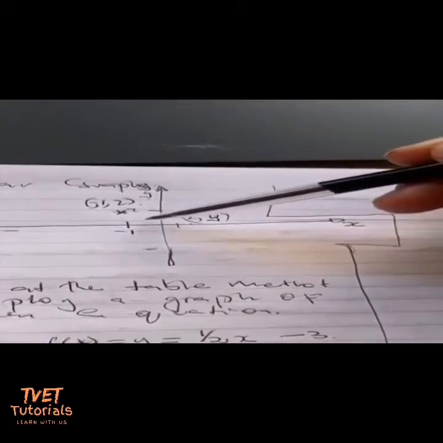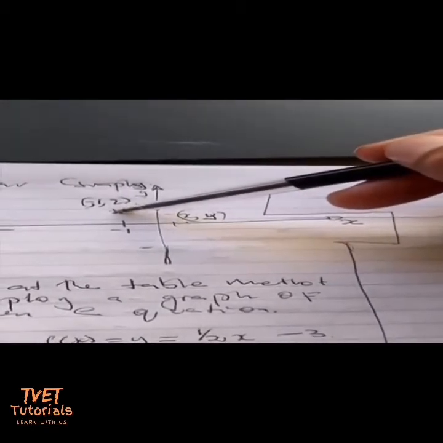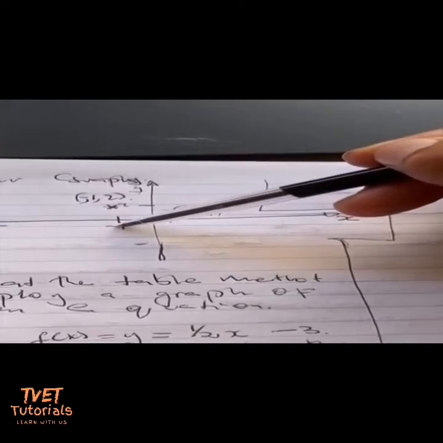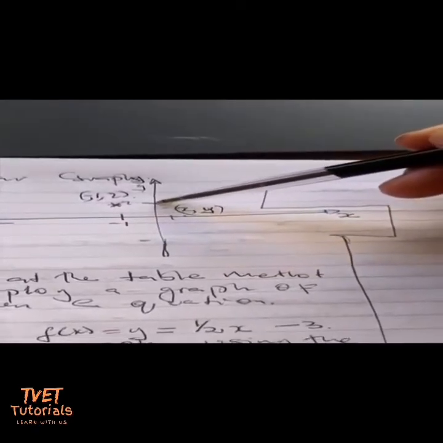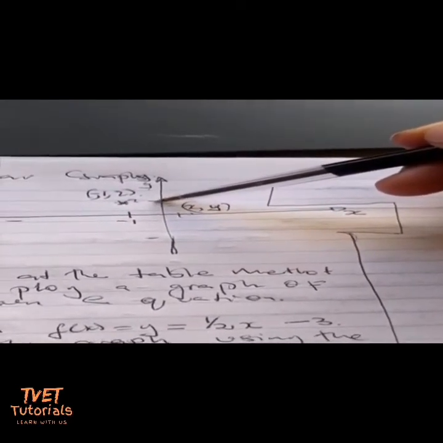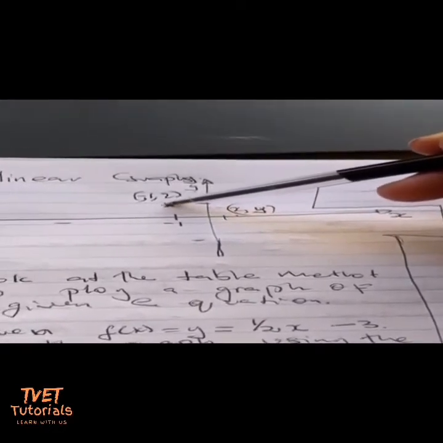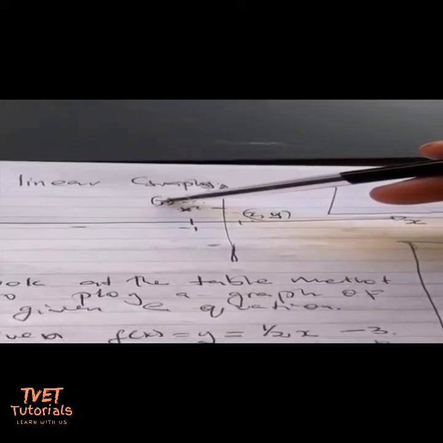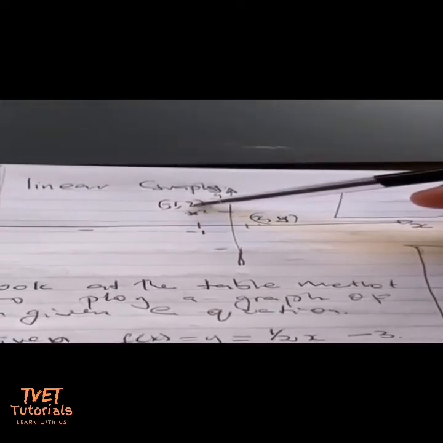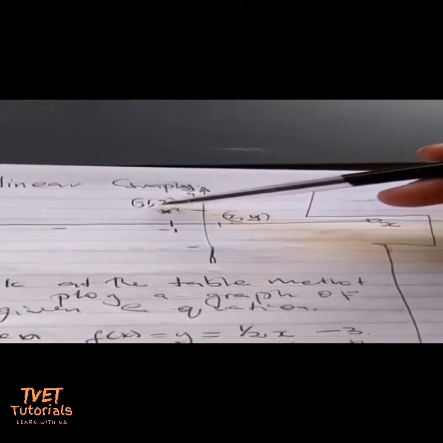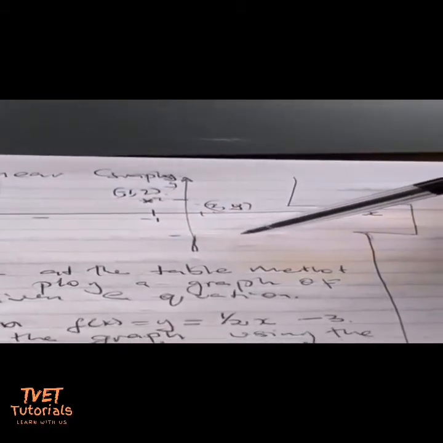So if we are looking at this point here, you can see that the x value is -1 and the y value is +2. Therefore this point has an ordered pair of (-1, 2), which reflects the x and the y values.